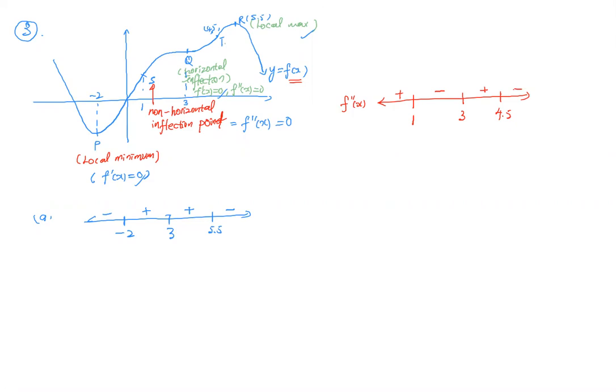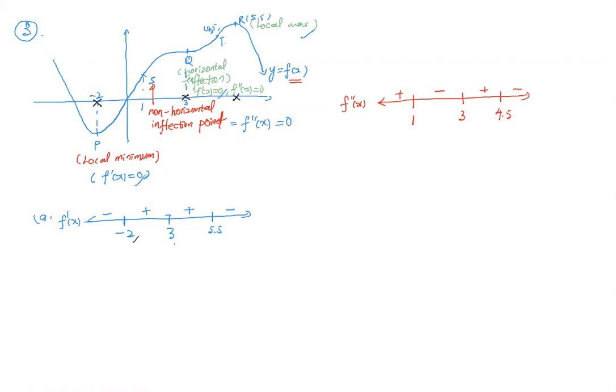F prime x is negative, means below the x-axis. So let's mark down the points that f prime x is supposed to pass through. It's supposed to pass through -2, 3, and 5.5. See or not? I mark down all that first. Negative, below.